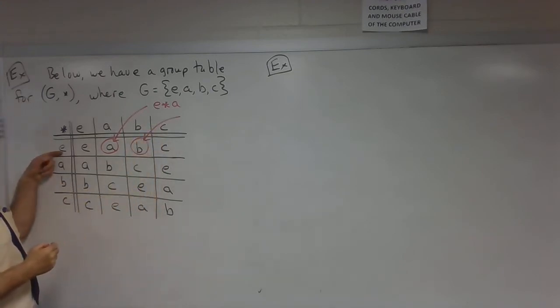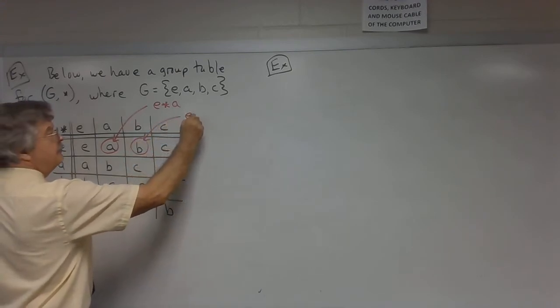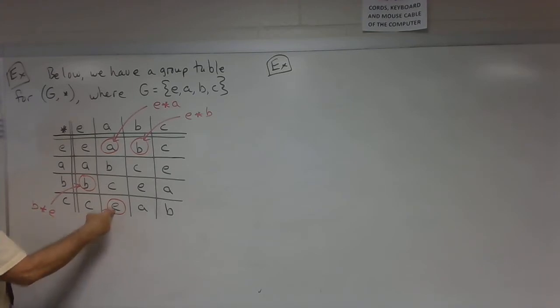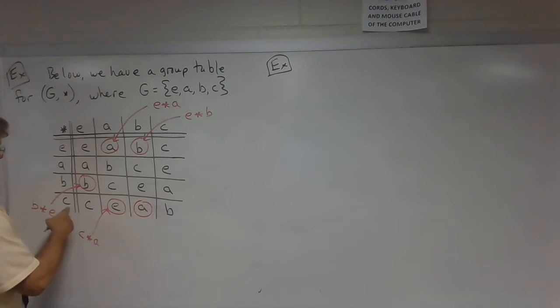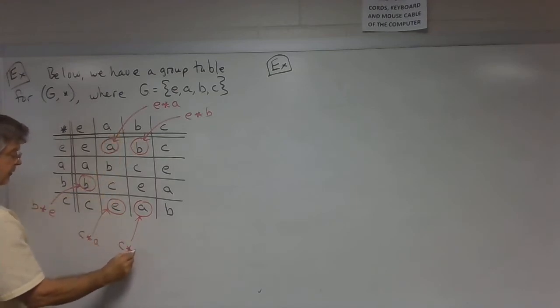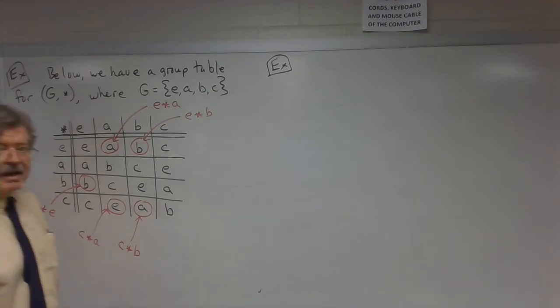Since this is in the row headed by E and the column headed by B, this is E star B. And over here, since this is in the row headed by B and in the column headed by E, this is the element B star E. Since this is in the row headed by C and the column headed by A, this is the element assigned to C star A. This element is in the row headed by C and in the column headed by B, so this is the element assigned to C star B, and so forth.